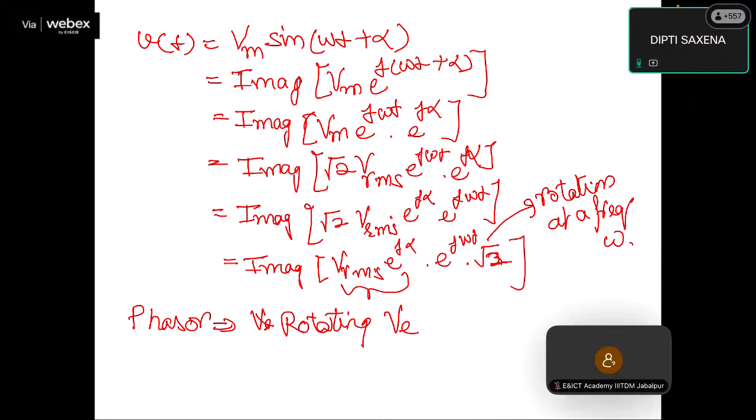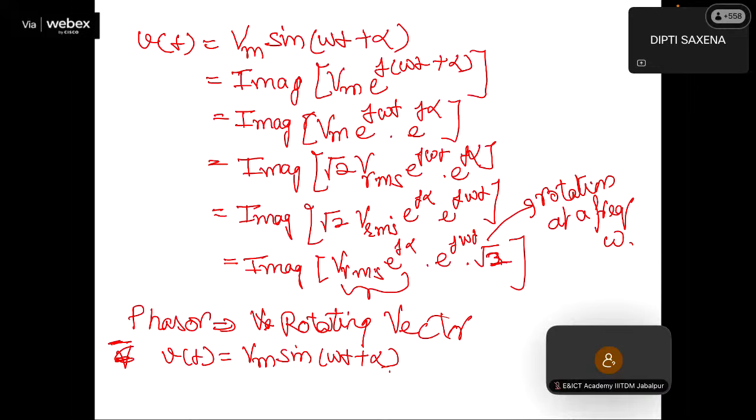That is, if I write the instantaneous voltage v(t) is equal to Vm sine omega t plus alpha, now this same instantaneous voltage can be represented in the phasor form as V. The magnitude of the phasor can be taken to be the maximum voltage or the RMS voltage, but in most of the references we take the RMS voltage as the magnitude of the phasor, and the angle alpha.